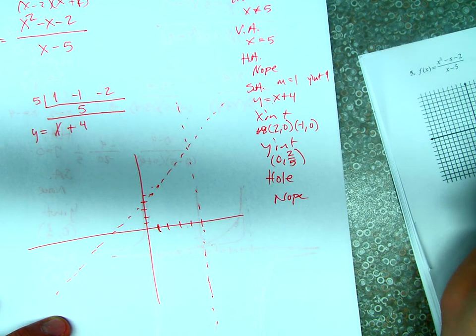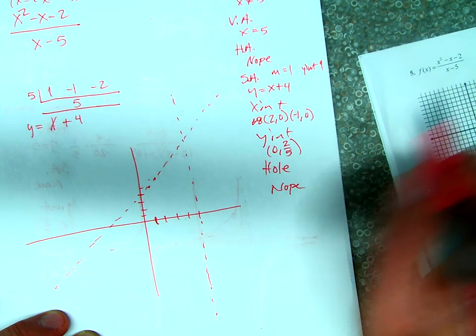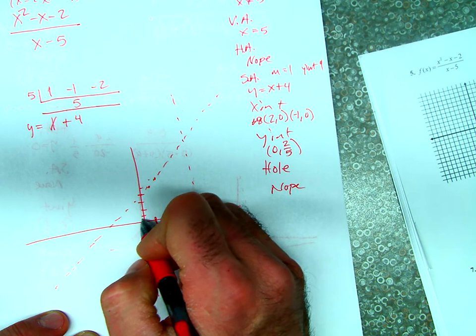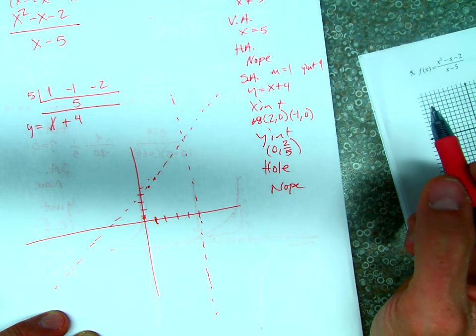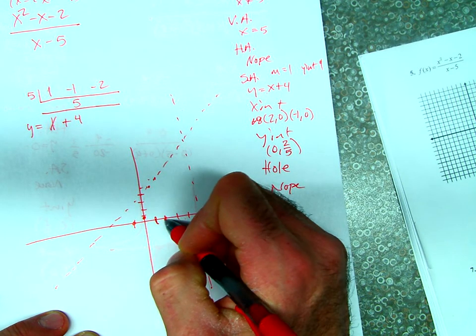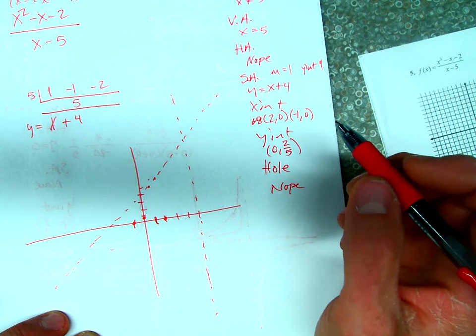And now, what are our clues? What's our helpers? How do we know what's going on? The intercepts. So my y-intercept is 0, 2/5. That's right around there. x-intercepts are negative 1 and 2. And that pretty much gives you a picture of exactly what's happening.